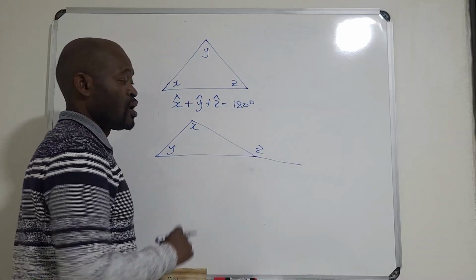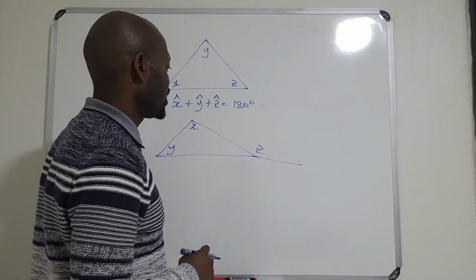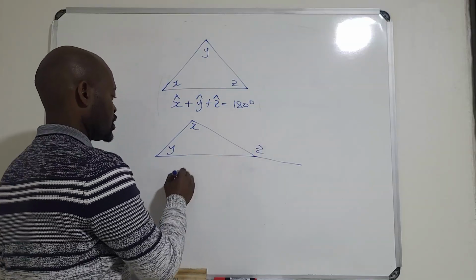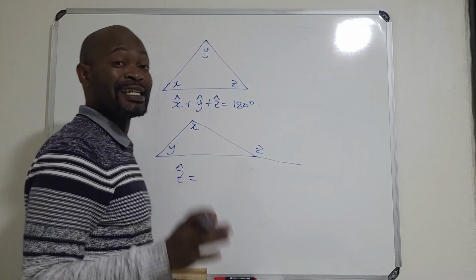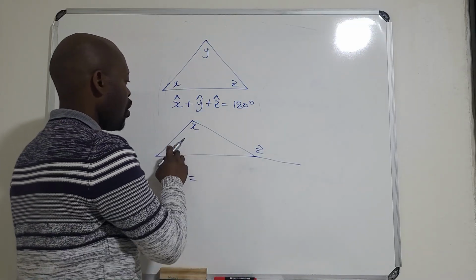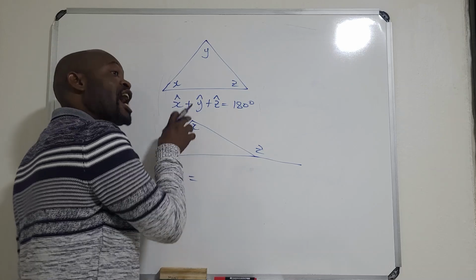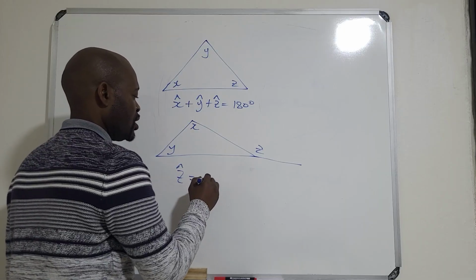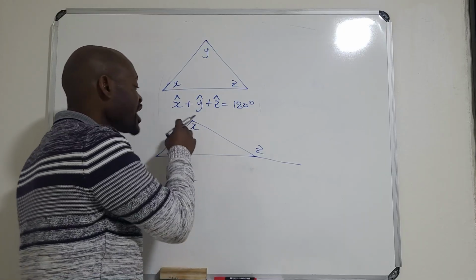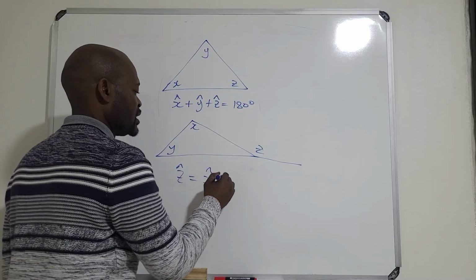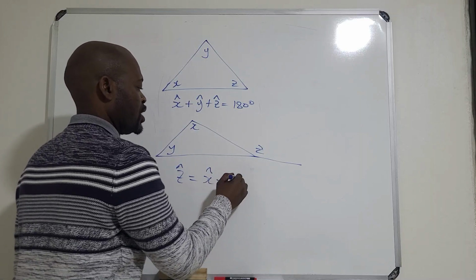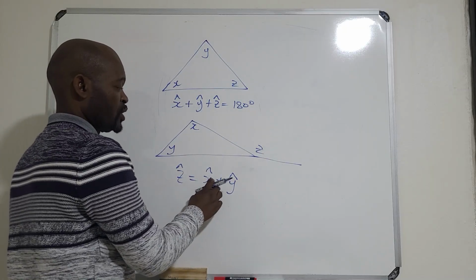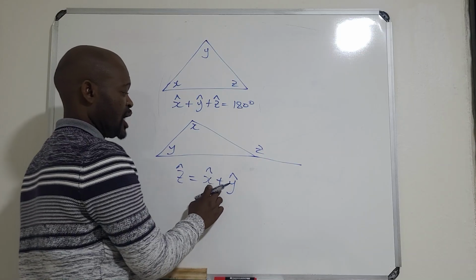This property of a triangle tells us that the exterior angle of a triangle, which is angle z, is equal to the sum of the opposite interior angles. So angle z is equal to the sum of the opposite interior angles. Therefore, we're going to have angle x plus angle y. The exterior angle of a triangle is equal to the sum of the opposite interior angles.